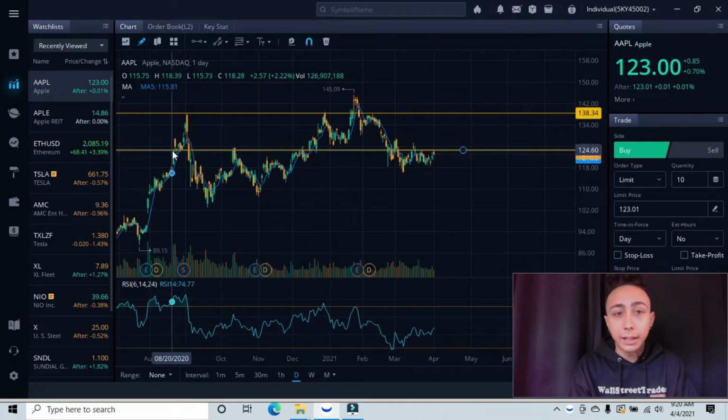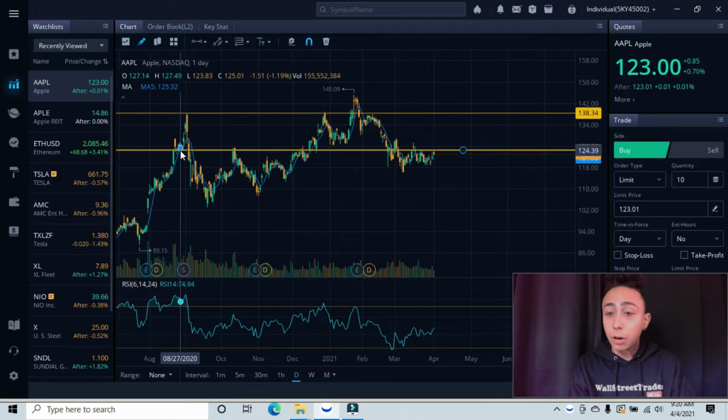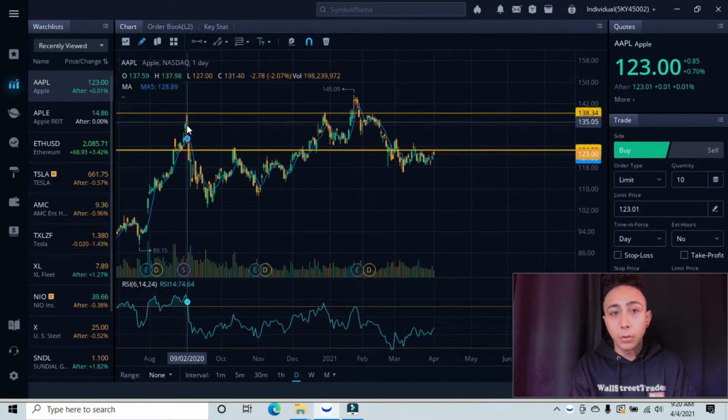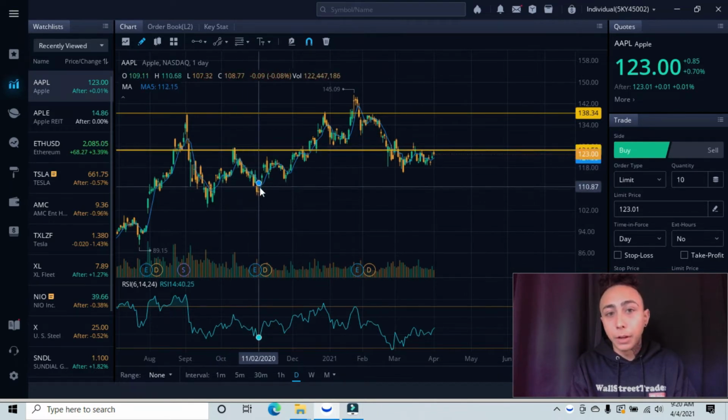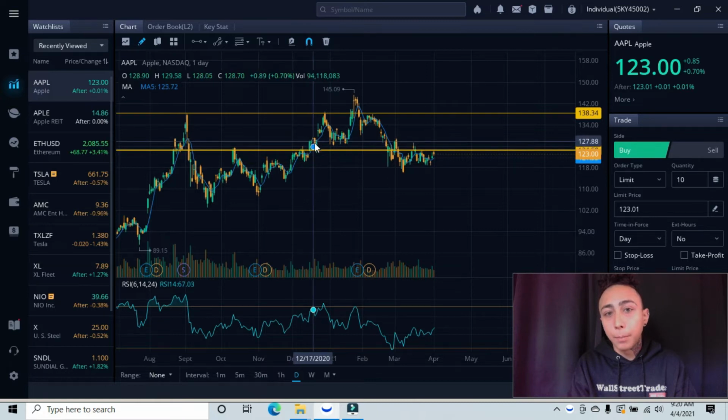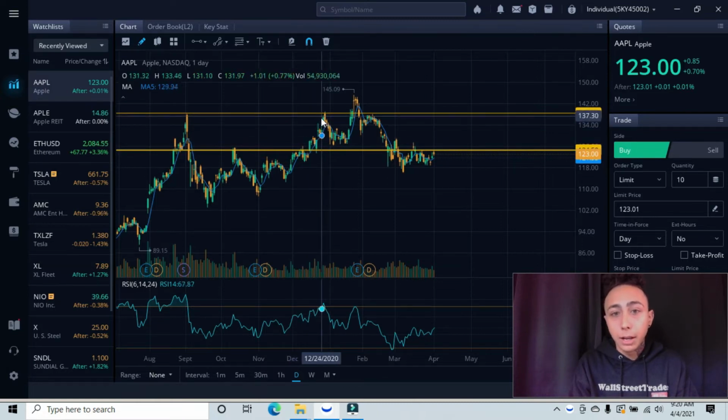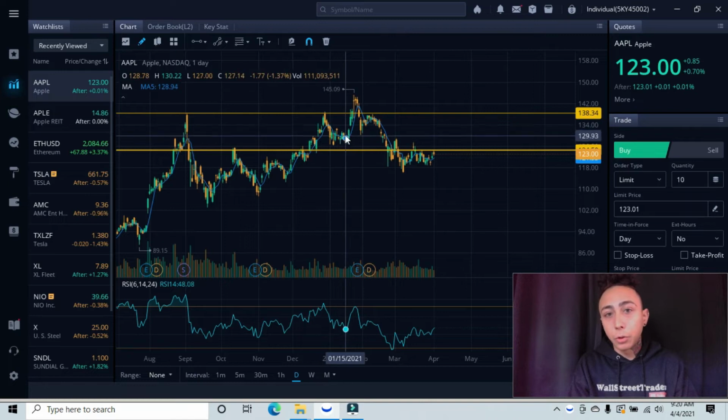So we see that it tested this resistance, ultimately broke out, came back down, tested our support level, bounced up, hit our previous highest resistance level, ultimately pulled all the way back down under to our first level, came back up, hit our resistance, failed, came back down, came up, consolidated a little bit, ultimately tested, failed, gapped up, back onto support, came up, bounced off our support level, hit our resistance, 50% retracement.